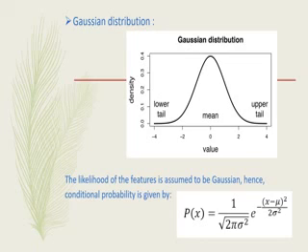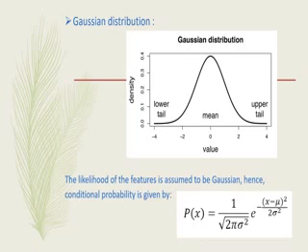P of C given X equals P of X given C times P of C upon P of X. P of C given X equals P of X1 given C times P of X2 given C up to P of Xn given C times P of C. Next slide.